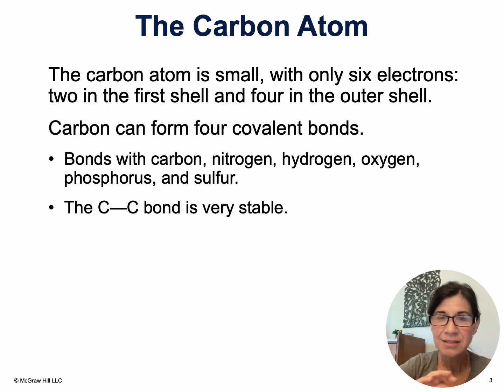So it forms covalent bonds in order to obtain 4 more electrons to stabilize that outer shell. And it can form these covalent bonds with other carbon atoms, with nitrogen atoms, with hydrogen atoms, with oxygen atoms, phosphorus, and sulfur. Generally we say that carbon is like the skeleton, the framework of all of these biomolecules, and atoms of those other elements combine to make all of these diverse biomolecules.